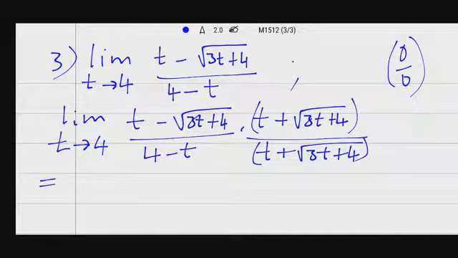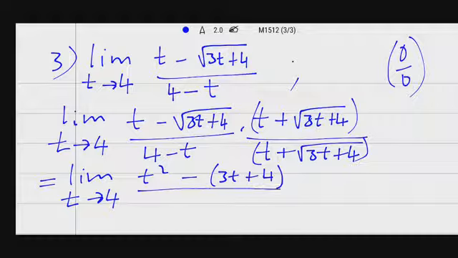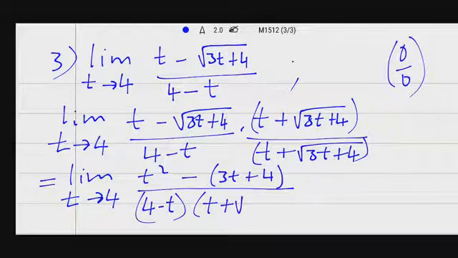So now you have the limit as t goes to 4. When you expand the two, you have t squared minus 3t plus 4, all divided by 4 minus t, which is multiplied by t plus root of 3t plus 4.